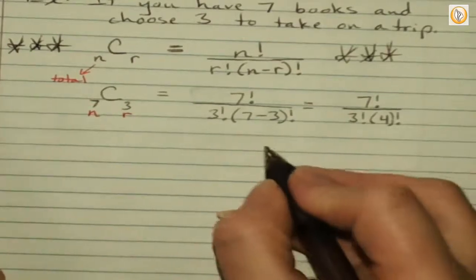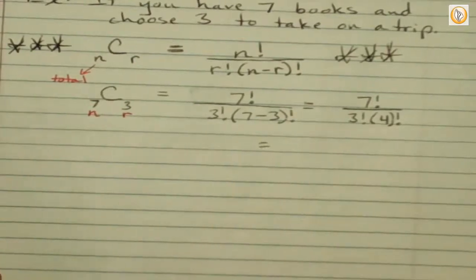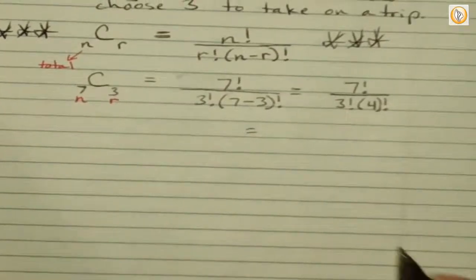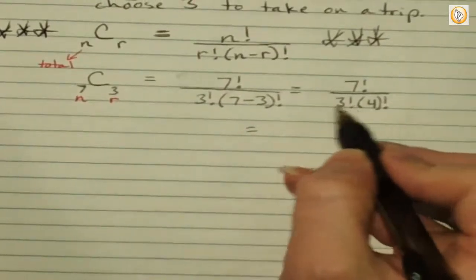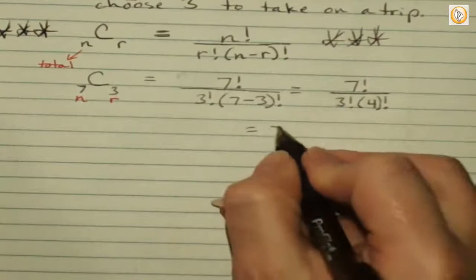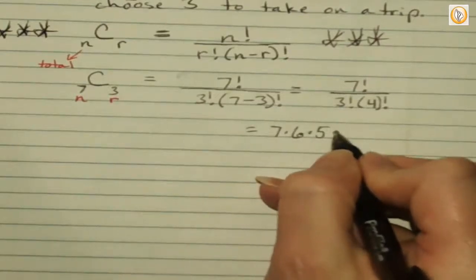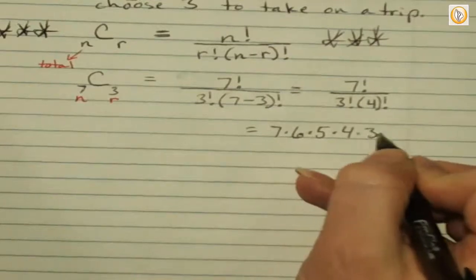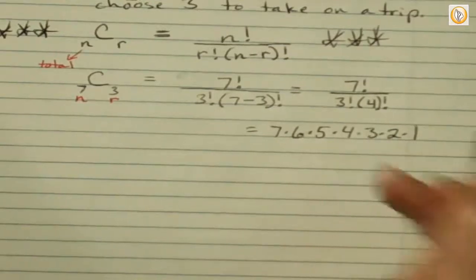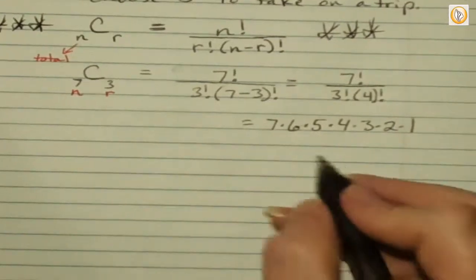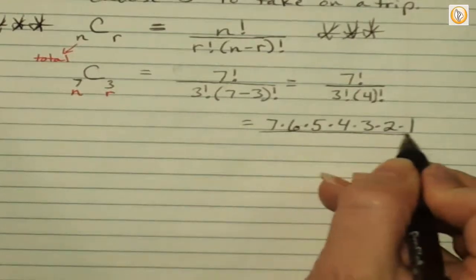Okay. So we're going to do this just like we did yesterday. Now watch what I do because this is different right here. I have 7 times 6 times 5 times 4 times 3 times 2 times 1, all over.